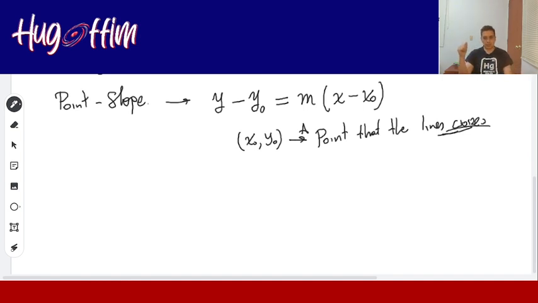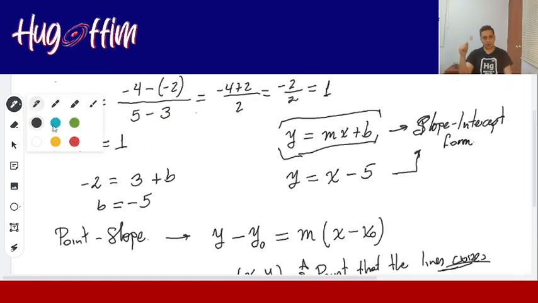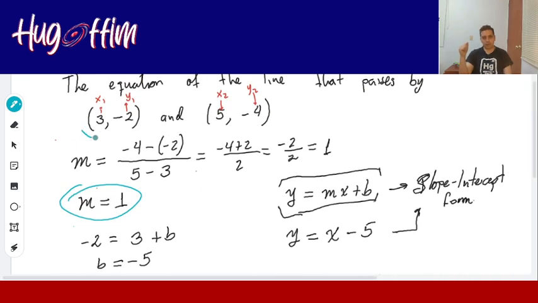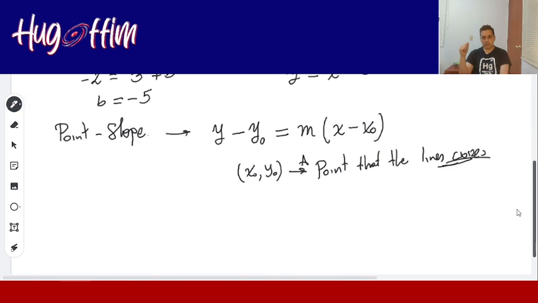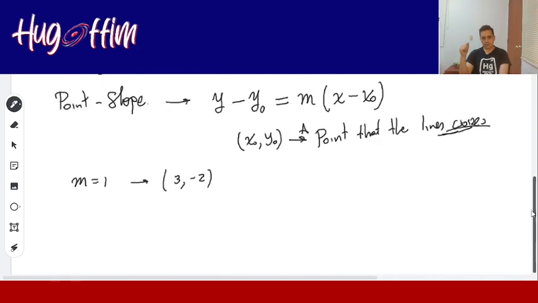So let's just show it in our case. Look at that. In our case, I know that the gradient is 1 and I know that my line crosses one of these points. So for example, I can use point slope form. I know that the gradient is 1 and it passes through the point 3, negative 2.